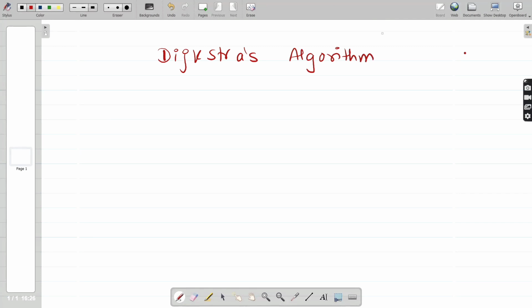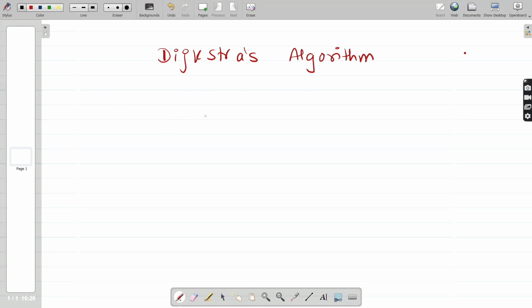This algorithm is used to find the shortest path between every pair of vertices, or you can fix one particular vertex and find the shortest path between that vertex and every other vertex of the graph.